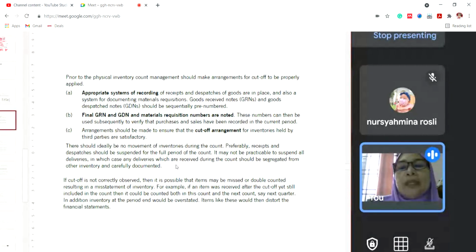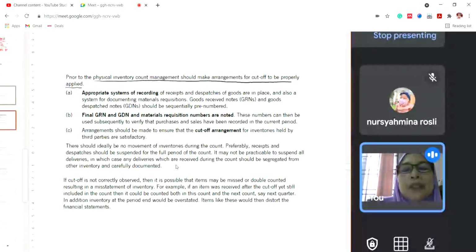Prior to the physical inventory count, management should make arrangements for cut-off to be properly applied. An appropriate system of recording receipt and dispatch of goods should be in place, and also a system for documenting material requisition. Goods receipt notes and goods dispatch notes should be sequentially pre-numbered.